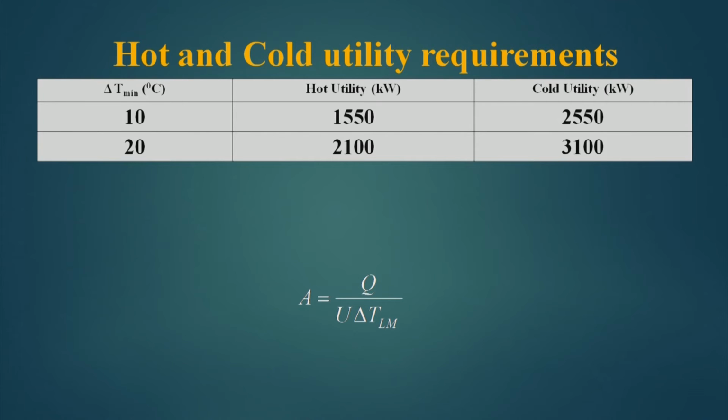So, the hot utility requirement has increased significantly when I am increasing the delta T minimum. Similarly, the cold utility requirement was 2550 kilowatt for delta T minimum equal to 10 degree centigrade and it was 3100 for delta T minimum equal to 20 degree centigrade. So, it has also increased significantly.